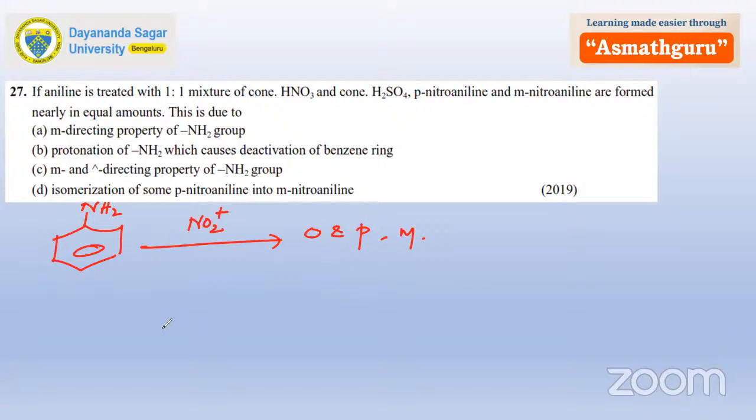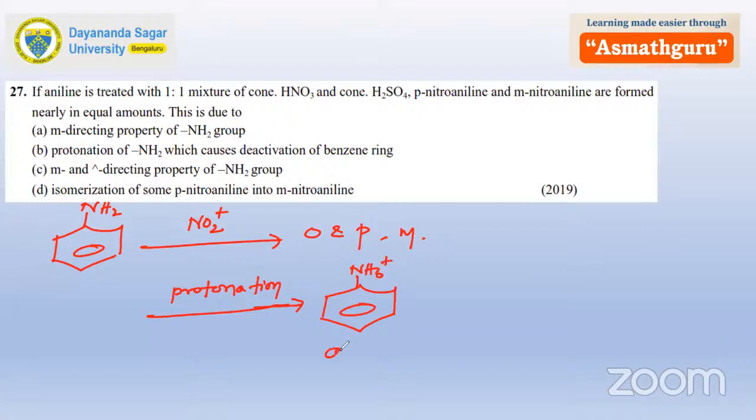Why? I told you, some of the aniline undergoes protonation to form NH3 plus, and this is an anilinium ion.